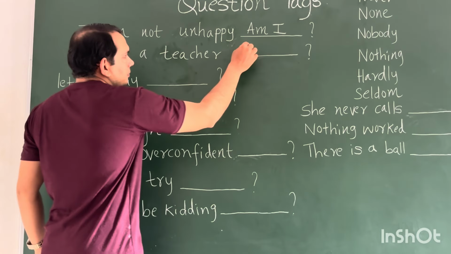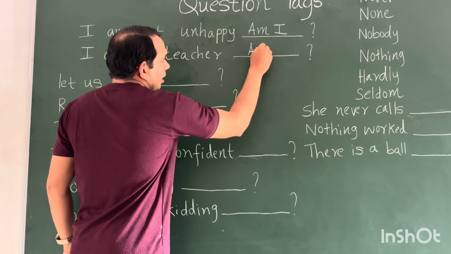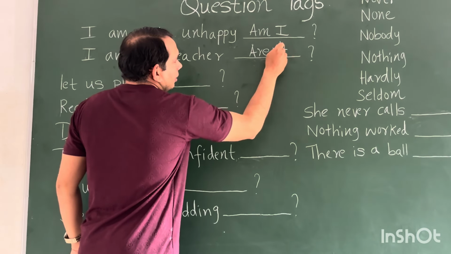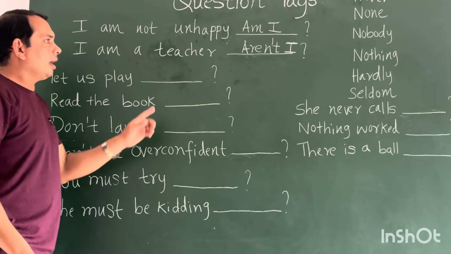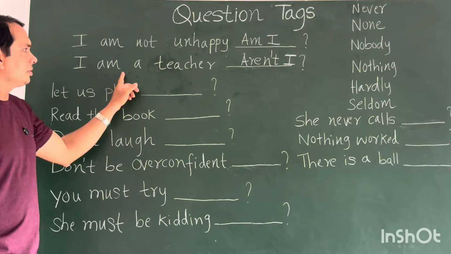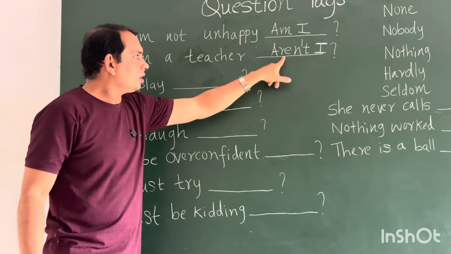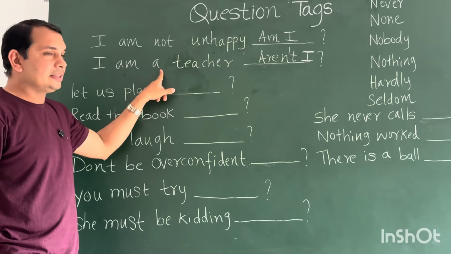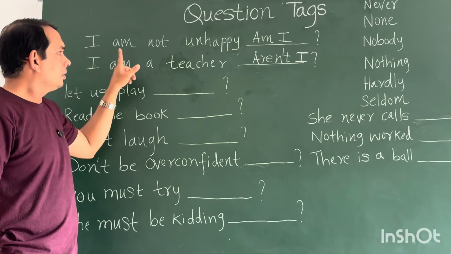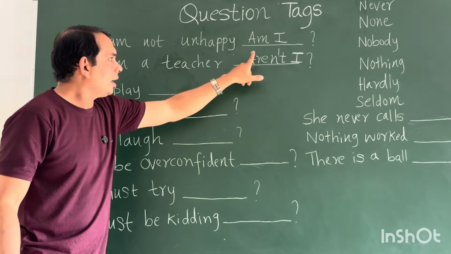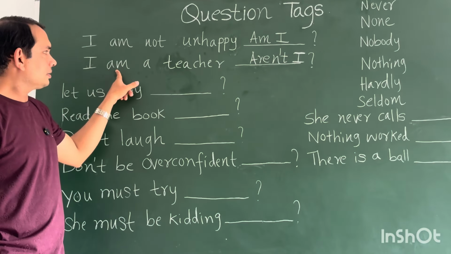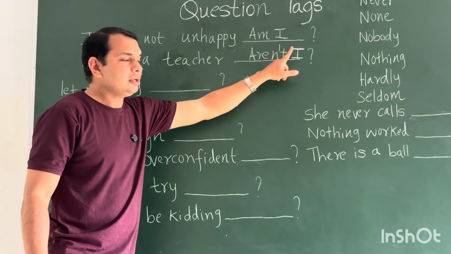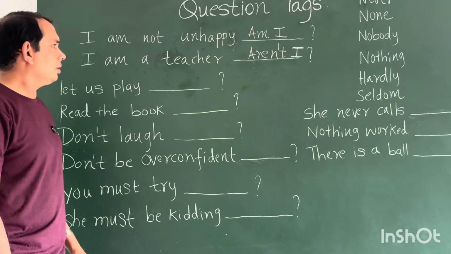The answer to this question is aren't I. Aren't I is the answer. Am I should not be written here when the sentence is negative. I have added not, because this is a positive sentence, and the subject, aren't I.